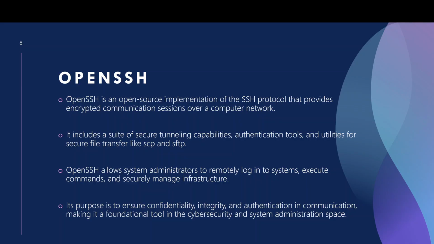It includes a suite of secure tunneling capabilities, authentication tools, and utilities for secure file transfer like SCP and SFTP. openSSH allows system administrators to remotely log into systems, execute commands, and securely manage infrastructure. Its purpose is to ensure confidentiality, integrity, and authentication in communication, making it a foundational tool in the cybersecurity and system administration space.